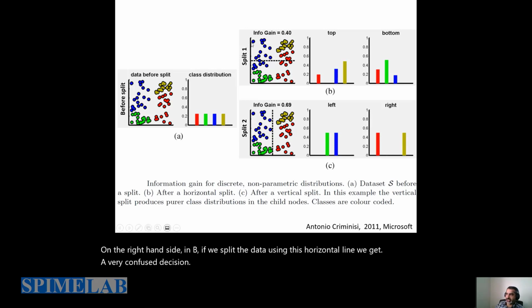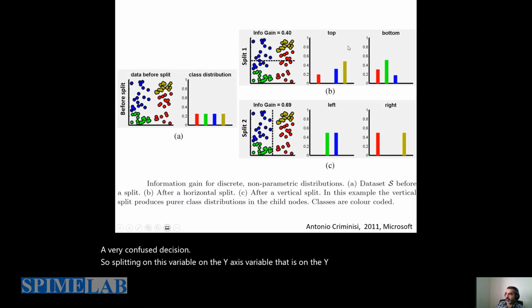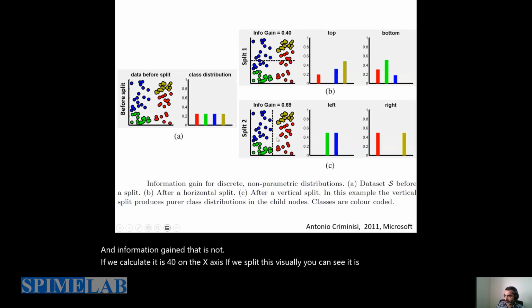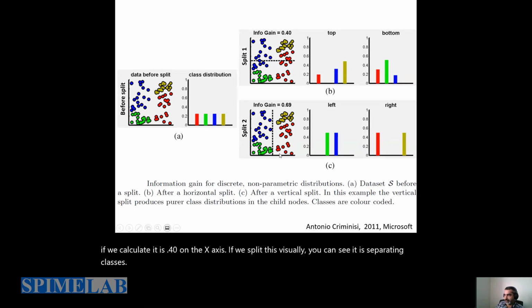So splitting on the variable on the y-axis will give us an information gain that is not helping. If we calculate, it is 0.40. On the x-axis, if we split this visually, you can see it is separating classes in a good way.